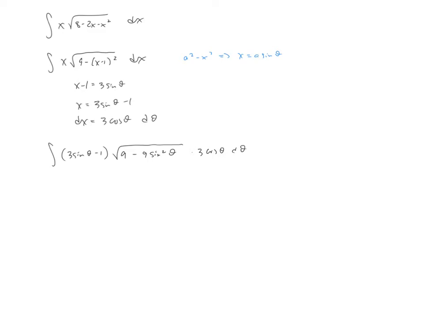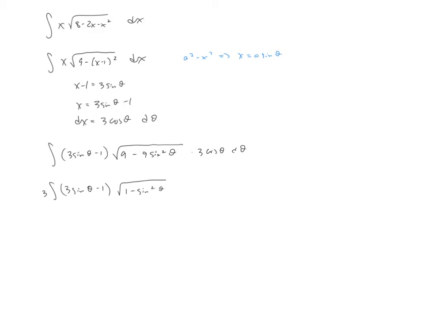All right, so from this point, I'll just keep that 3 sine theta minus 1 out there. I'm going to factor out a root 9 from here, so that's going to go to a 3, which I'll just pull all the way outside the integral. And then underneath it, I'm going to have a 1 minus sine squared theta.